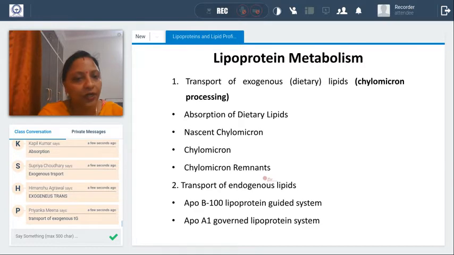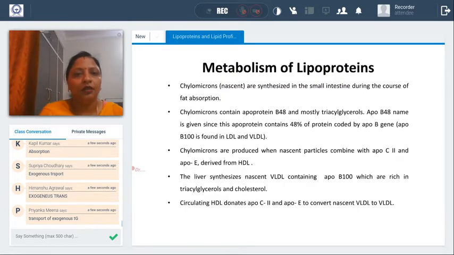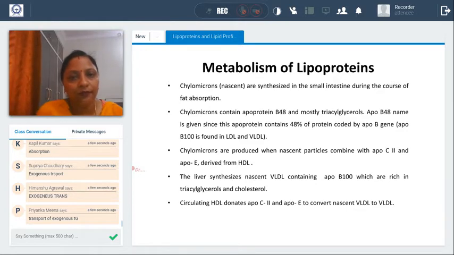Another is transport of endogenous lipids. First is exogenous and another is endogenous lipid, via the ApoB100 lipoprotein guided system and via the ApoA1 governed lipoprotein system. So you can see here the full metabolism of lipoproteins.